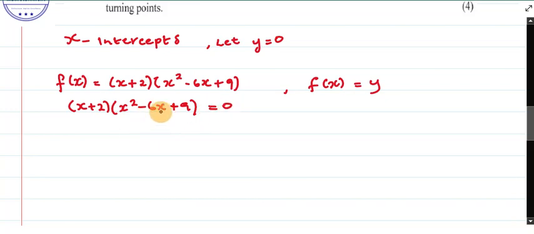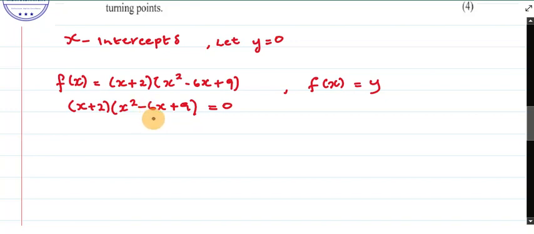When I'm factoring this one, I want to find the factors of 9. When I multiply them, they should give me 9, but when I add them, they should give me minus 6, provided that this positive sign tells me that the signs of the factors should be the same and they should all be negative.